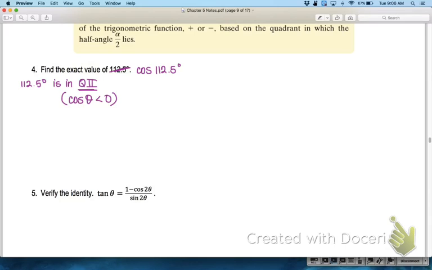Now, we have to decide what alpha is. We need a situation where alpha over 2 is 112.5 degrees. So what angle would that be for alpha? 225. Now, what's a good clue that we might want to try using a half-angle formula here? Well, not just the decimal point. The fact that it's 0.5.